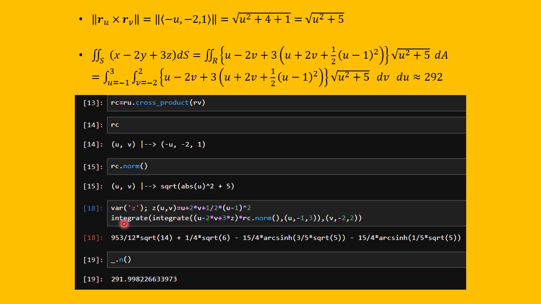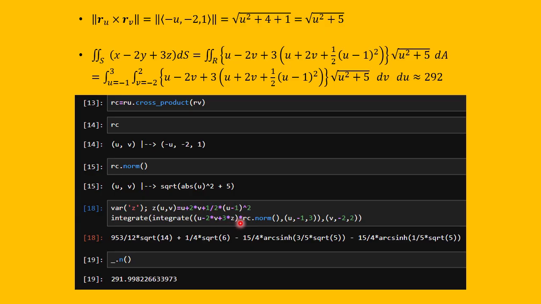So we're now going to find the integral of the integral of u minus 2 times v plus 3 times z, where z is this stuff in terms of u and v, remember?